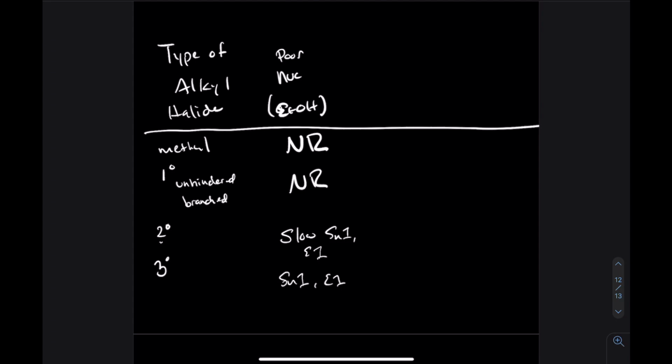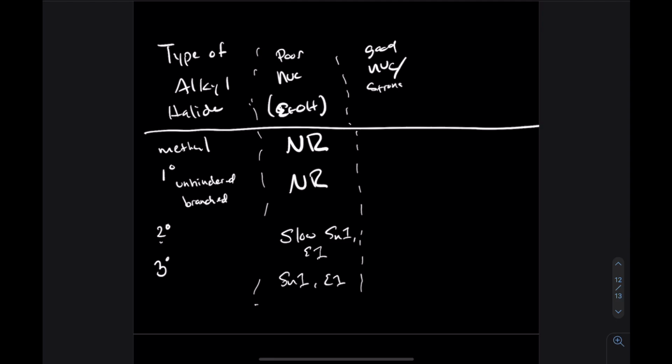All right. Now, on the other hand, if you have a good nucleophile and strong base, so these are, for instance, your ethoxides, what you will see in these instances is essentially just a methyl can't do elimination, right? So that has to be an Sn2 reaction.